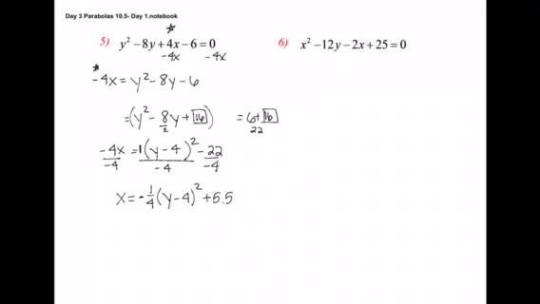So it is x equals, so it's a horizontal parabola. My vertex is at 5.5, comma positive 4, because inside's the opposite, and our a is negative, so this is going to open left.